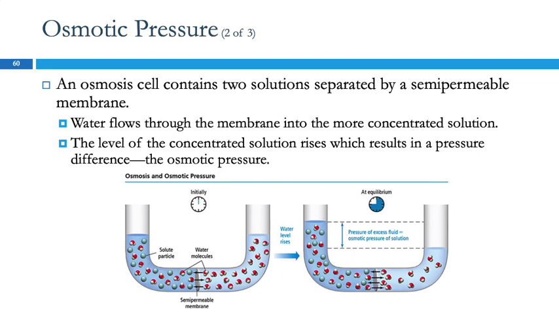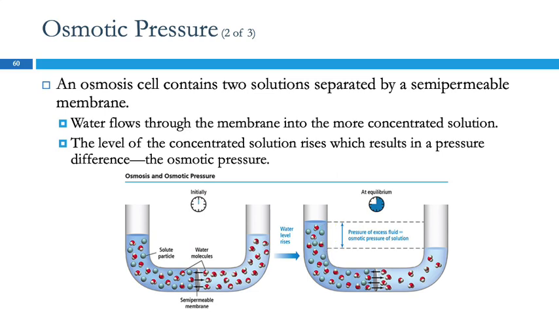If you remember back to the chapter on gases, we would have things like this, and we look at the pressure difference. And so we can measure the difference in height of these columns, and that would be the pressure difference in, say, millimeters of water. That's a pressure, and that is what is called the osmotic pressure.